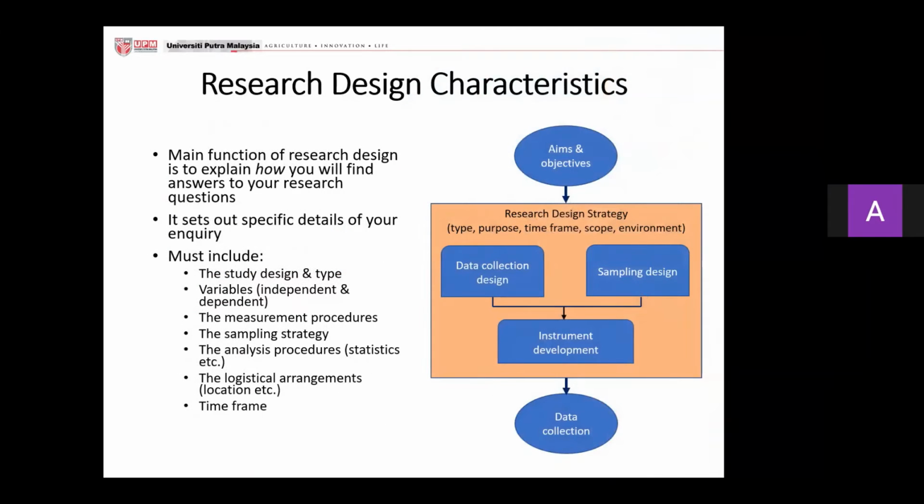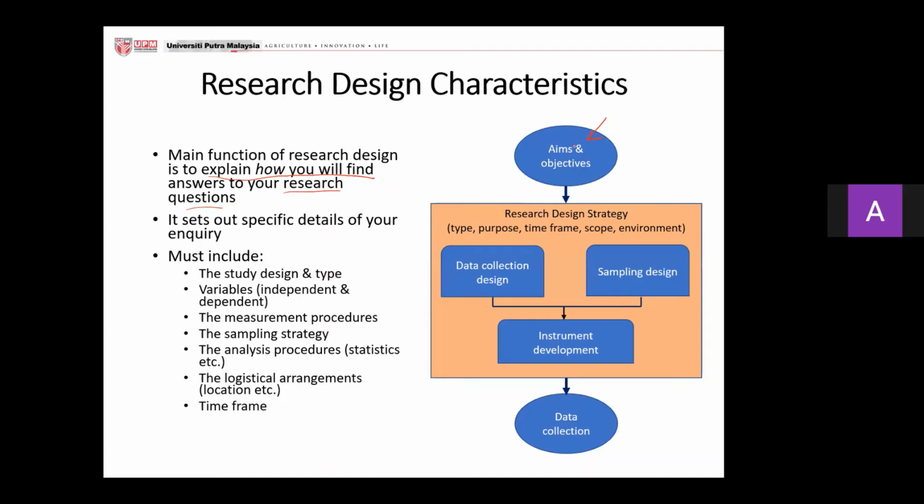Okay. Now, research design characteristic. Of course, I mentioned here, it's to explain how you will find answers to your research question. Basically, whatever you decide for your research design actually comes from your aims and objectives.